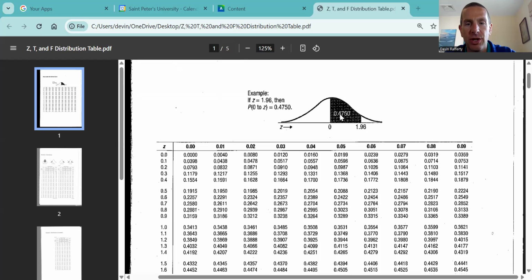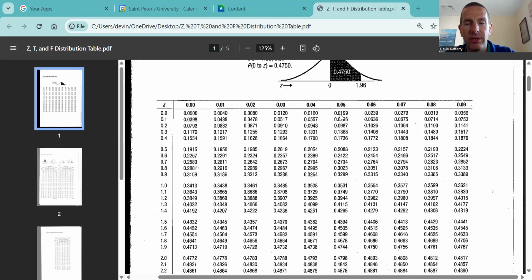So they show you how to do this. If you have a z-score of 1.96, then you end up with a probability, or an area under the curve, of 0.4750.